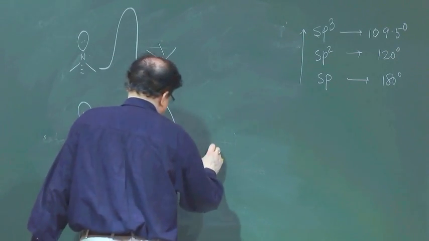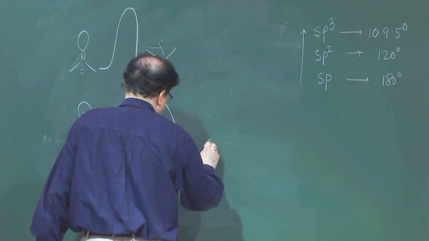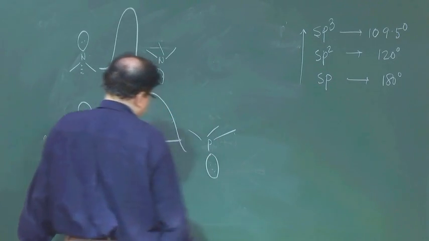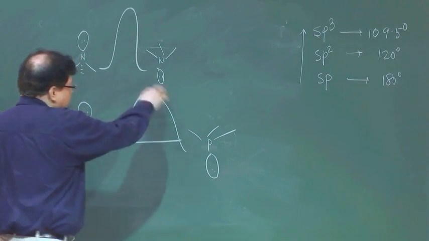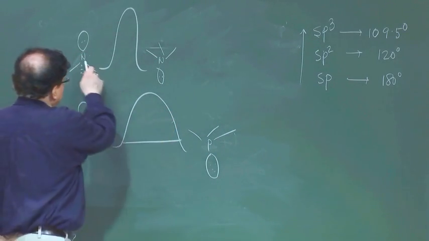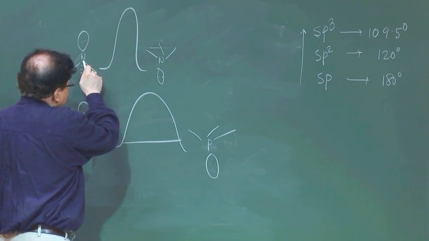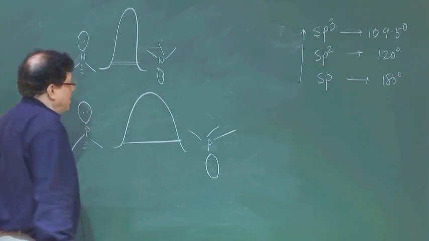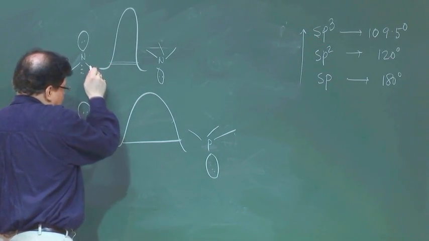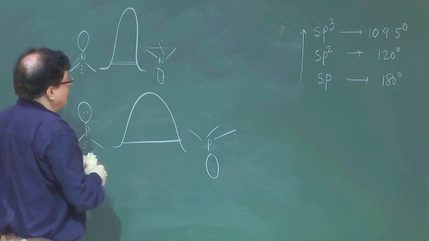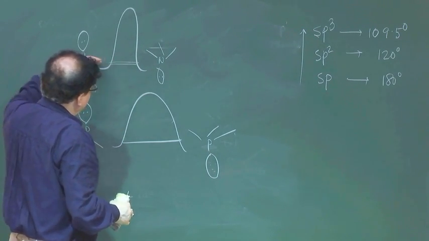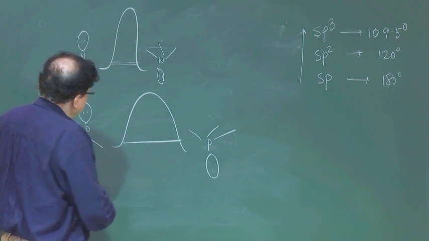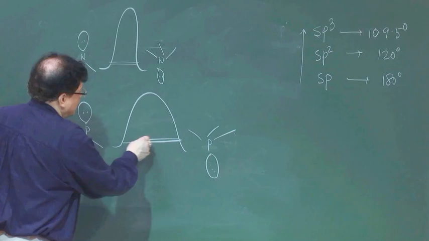The width is very high, and there is an effect called the tunneling effect in quantum chemistry, that even if there is a barrier, some molecules can go from this side to that side by what is called tunneling. Physically you can think of a tunnel, and the width of the tunnel is much less in case of nitrogen than in case of phosphorus.